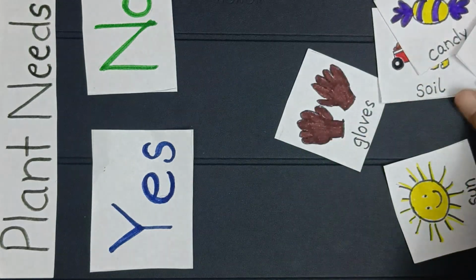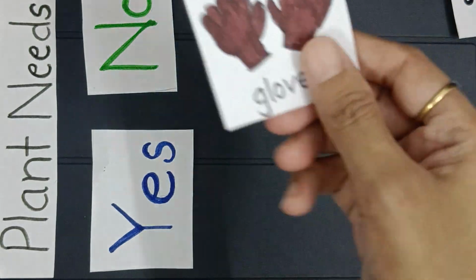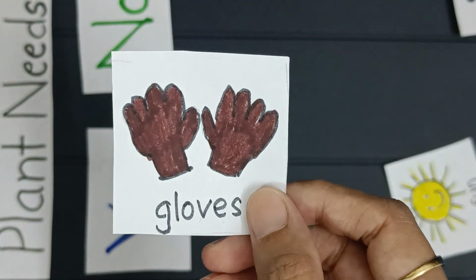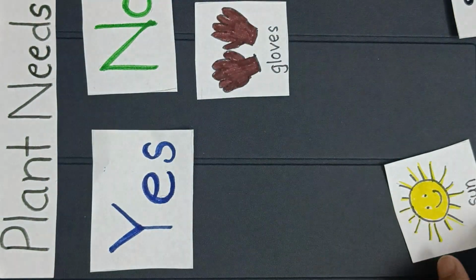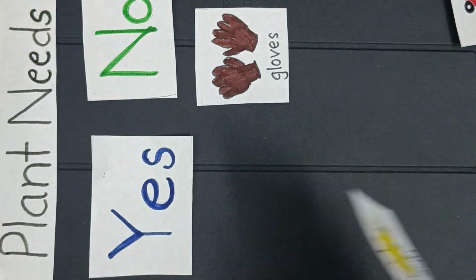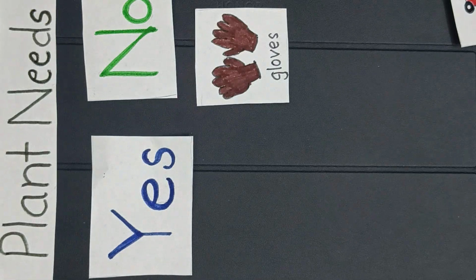for example, if the card is gloves, students will say no, so they will place it below the no option.